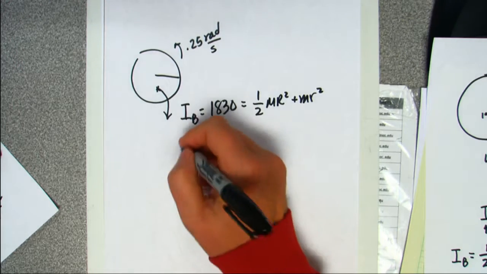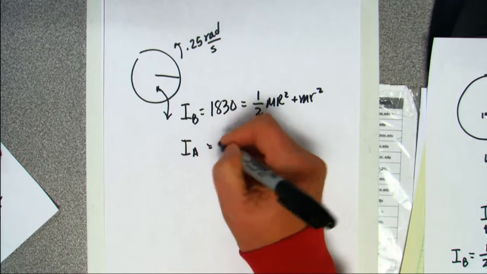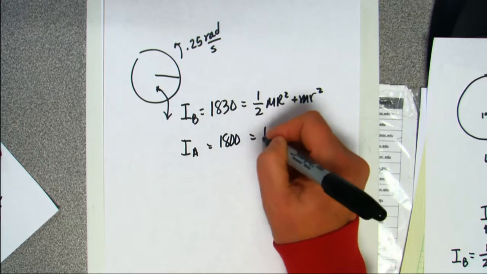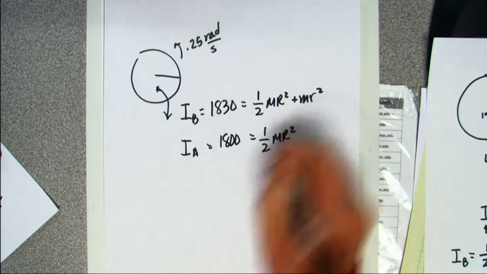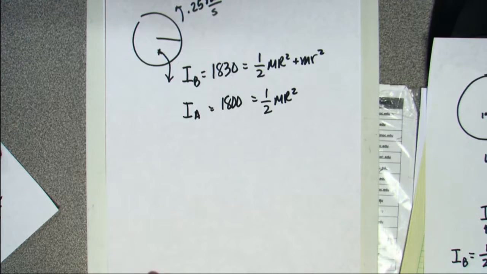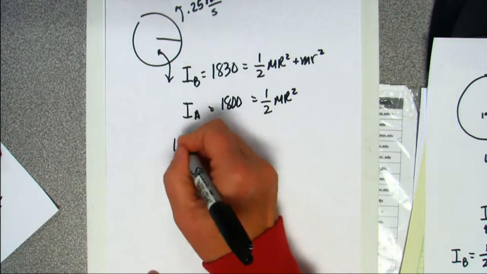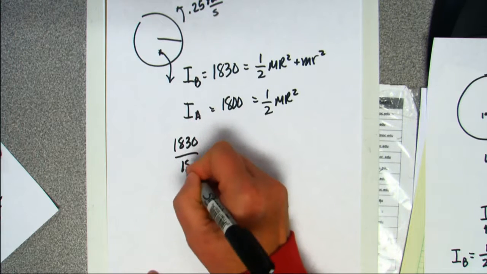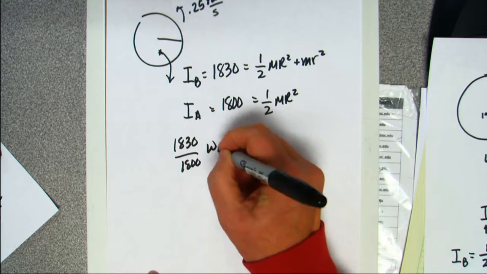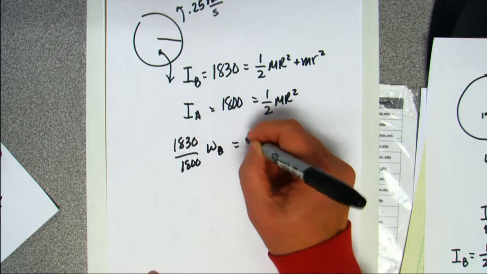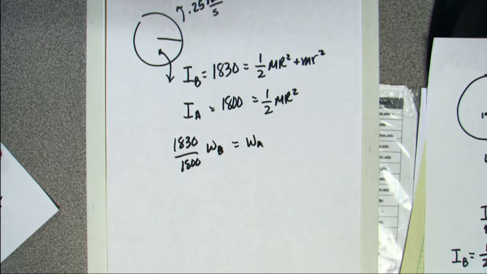And now I after is going to be the 1,800, because that's just the 1/2 mr squared. The change is going to be the 1,830 divided by the 1,800, so this is the omega before is equal to the omega after. So it'll have an actual increase in its angular velocity, because somebody jumped off.